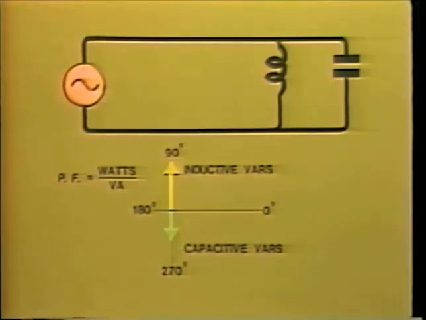In a circuit that has no resistance at all, then active power is 0 and volt-amperes consist entirely of vars. In this case, the power factor will be 0 as there are no watts flowing.